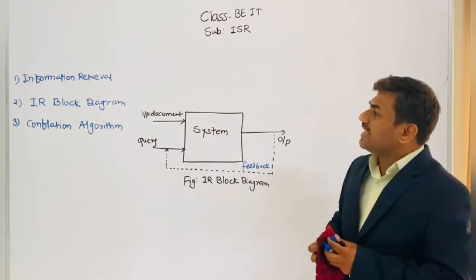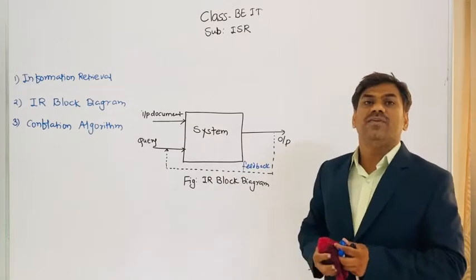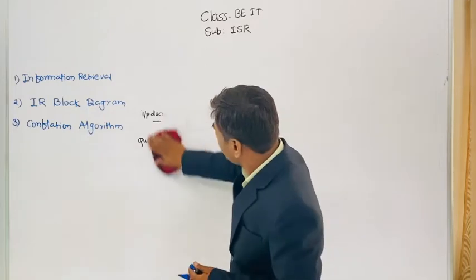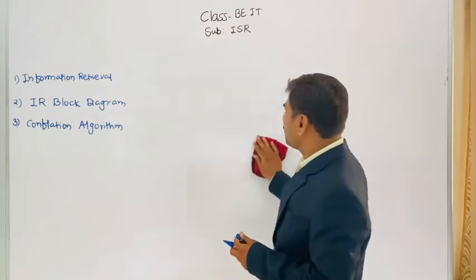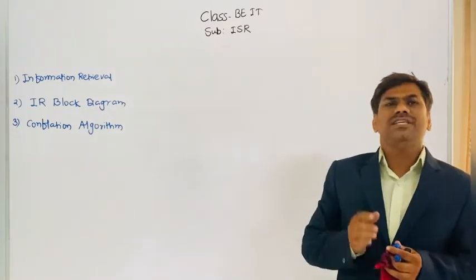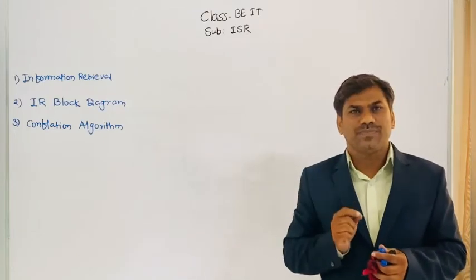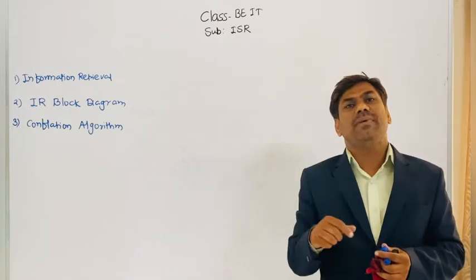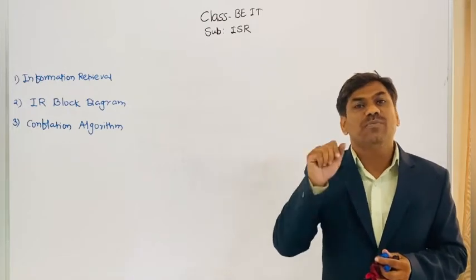Now the next point is the conflation algorithm. A document is not stored as it is on the web. Even when we fire a query, the whole query is not matched as it is with the input documents.